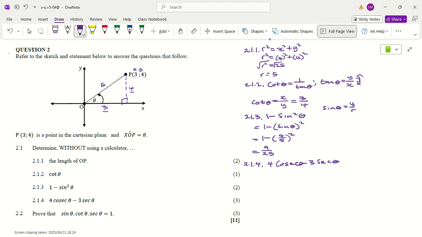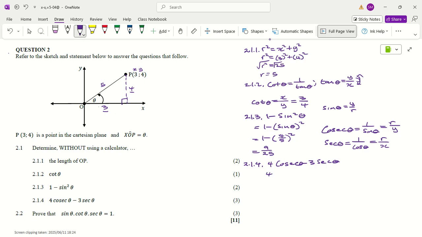And we know that cosec theta is the reciprocal of sine theta, so if sine theta is y over r, this means this is r over y. And then sec theta is the reciprocal of cos theta, which is x over r, and then this would be r over x.